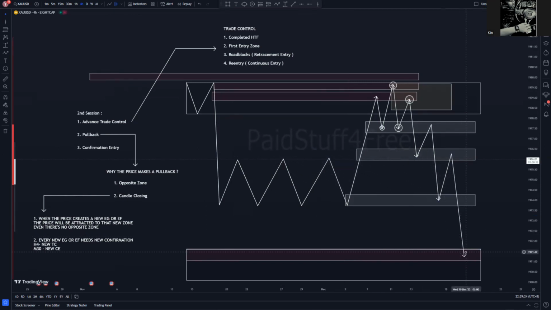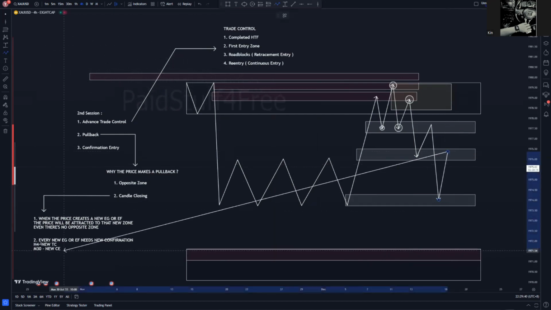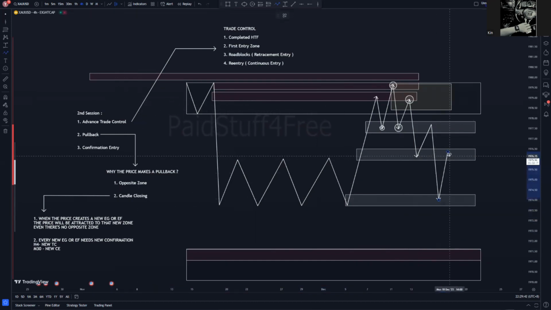Like I said, no matter how long it takes, when the price creates an EF, it will go to our opposite zone, which is our buy zone. And remember, sometimes the price can create this pattern.